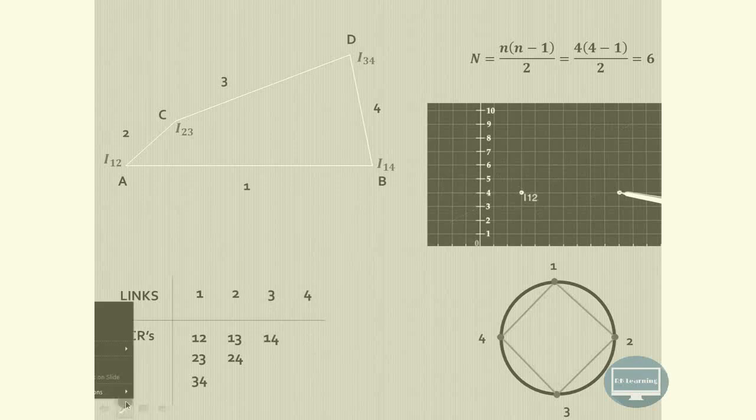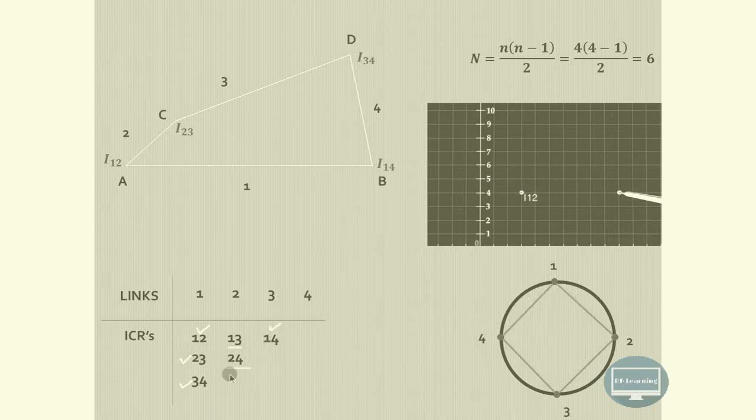Now out of these, 1,2 is a fixed ICR, 1,4 is also a fixed ICR, 2,3 is known to us as a permanent ICR, and 3,4 is also a permanent ICR. So we have to find out first I13 and I24 using this circle diagram.